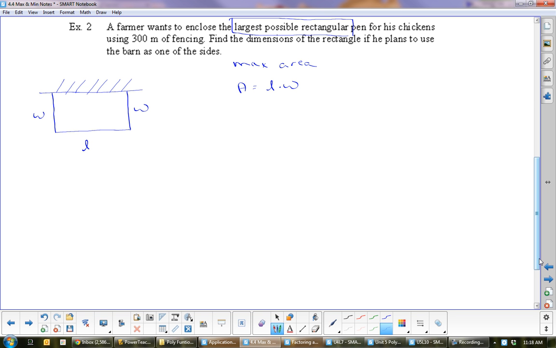Now we don't know the length or the width. Right? But we've got to get rid of one variable. Doesn't matter what variable you're going to get rid of.